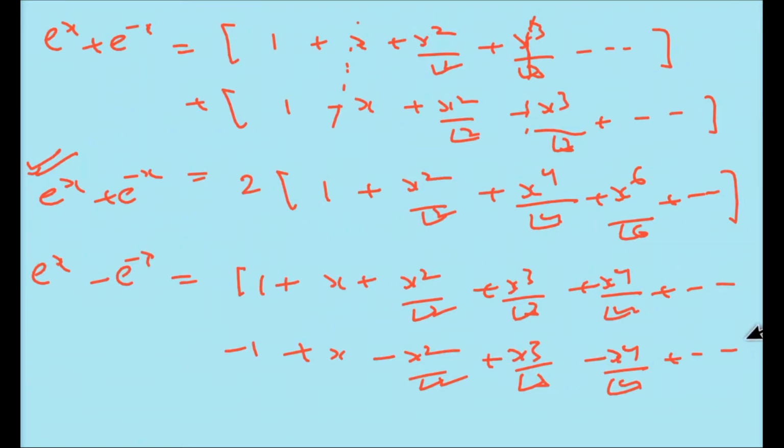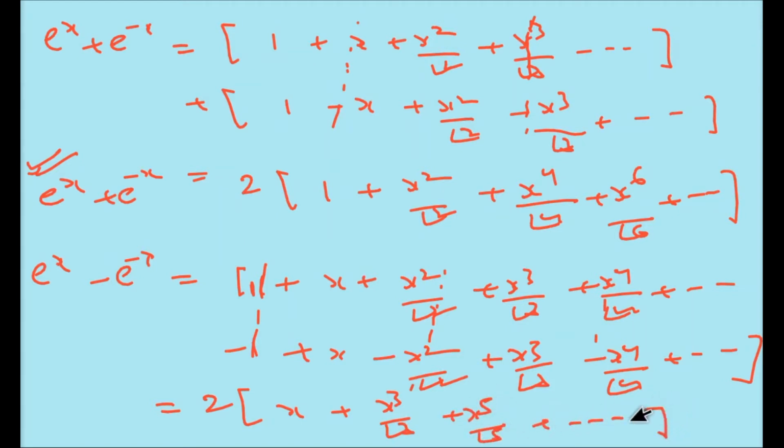When you solve it, you will get twice of x, plus x cube upon factorial 3 plus x to the power 5 upon factorial 5. This formula also you have to learn directly.